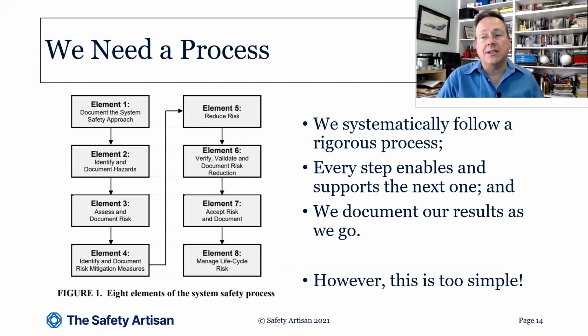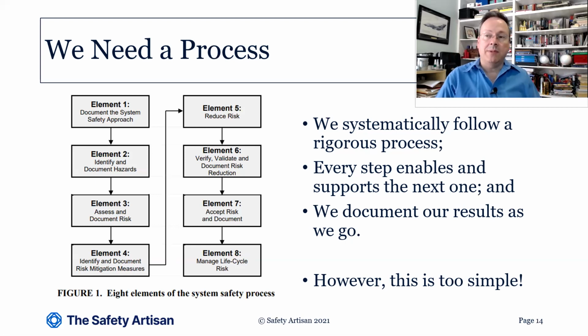And then we've got to get somebody to accept that risk. In other words, to say that it is an acceptable level of risk, that we can tolerate or put up with this level of risk in exchange for the benefits that the system is going to give us. Okay. And then finally, we need to manage risk through the entire life cycle for whatever this system is, until we finally get rid of it.